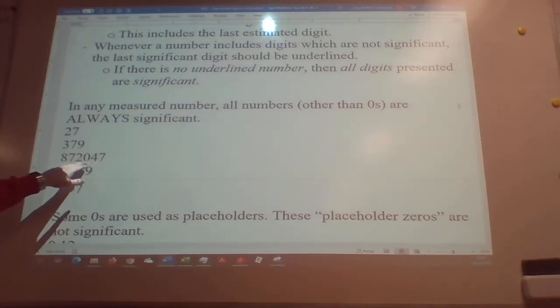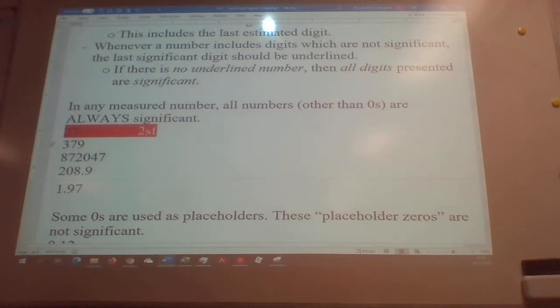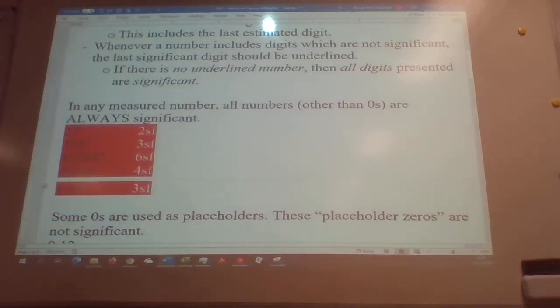So this 0 is between the 2 and the 4. This 0 is between the 2 and the 8. So both of these would be considered significant. So 27 would have 2 sig-figs. 379 would have 3. That number would have 6. And the last two would be 4 and 3. I don't think anybody had any trouble with those.